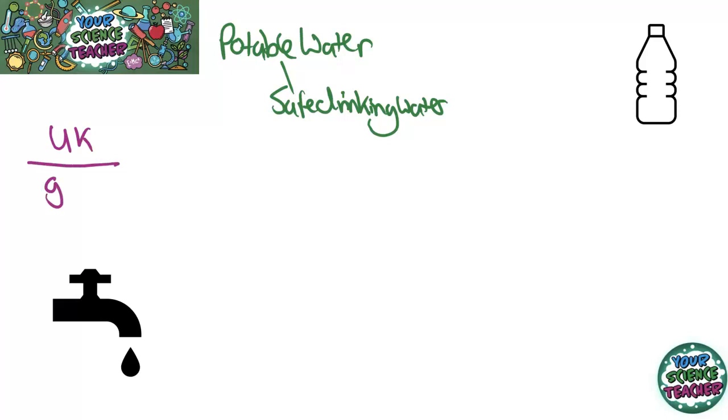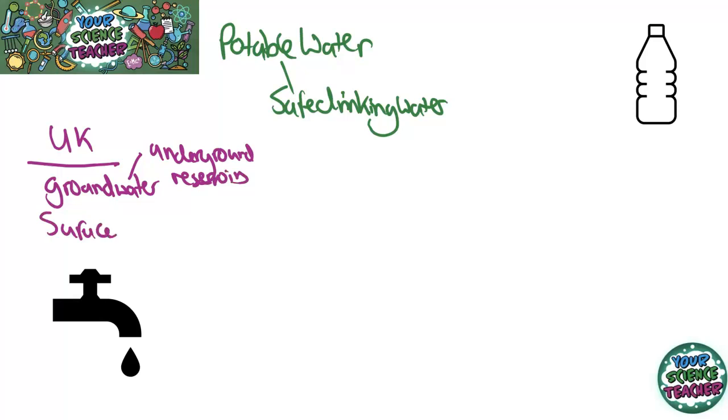The first would be groundwater. And what I mean by groundwater is underground reservoirs where it can be found. And we also get it from surface water, and surface water includes lakes and reservoirs.